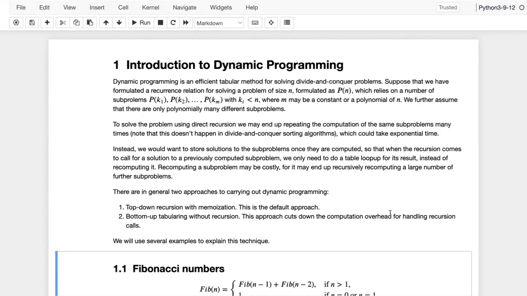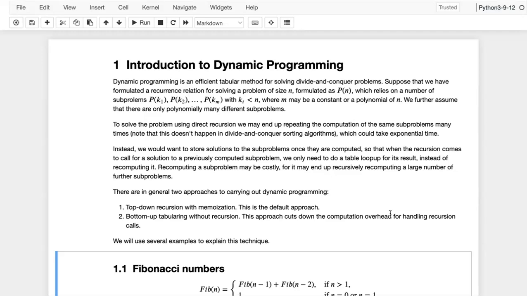Hi, everyone. In this video, I'm going to talk about dynamic programming, which is a common technique in designing algorithms. Dynamic programming is an efficient tabular method for solving divide and conquer problems.